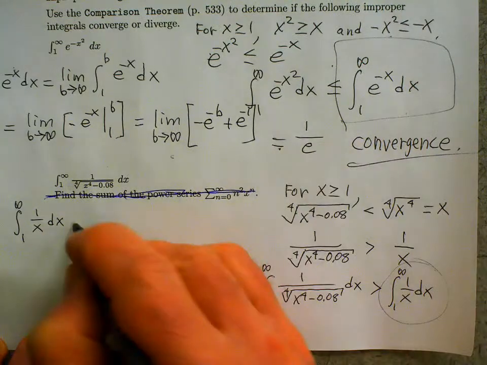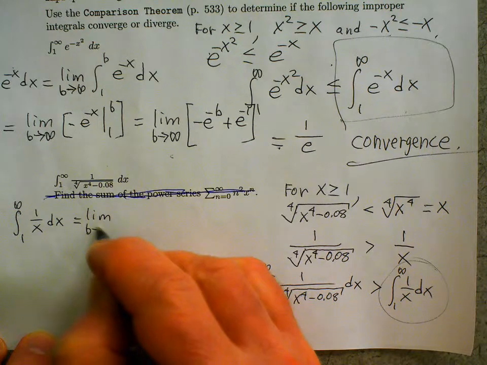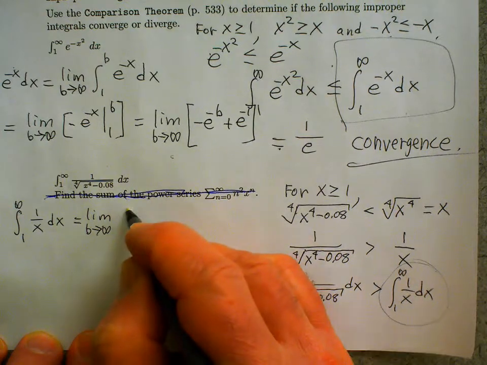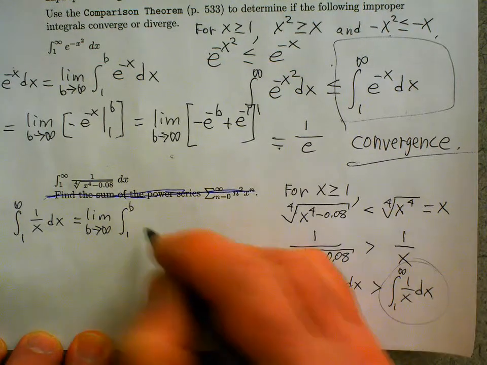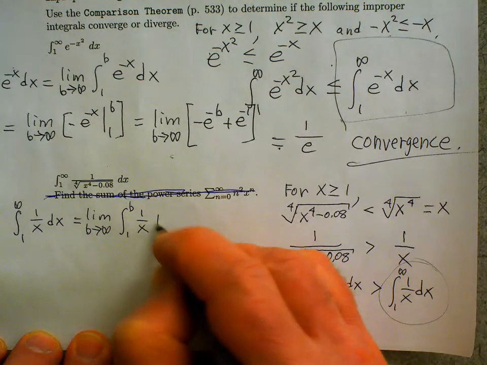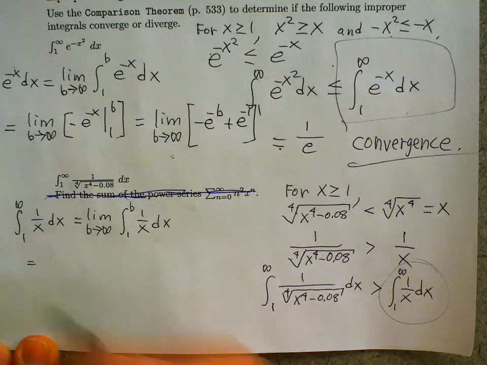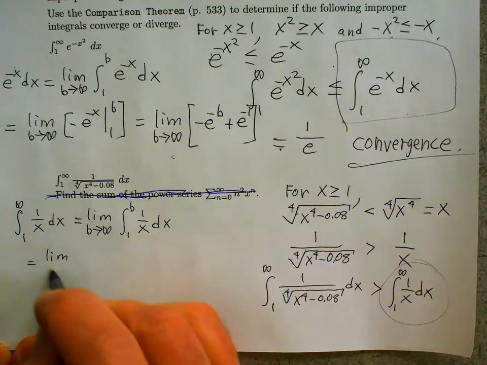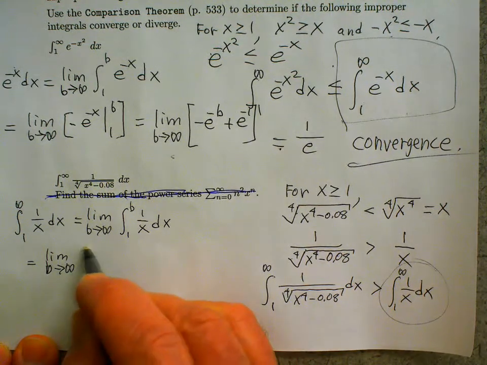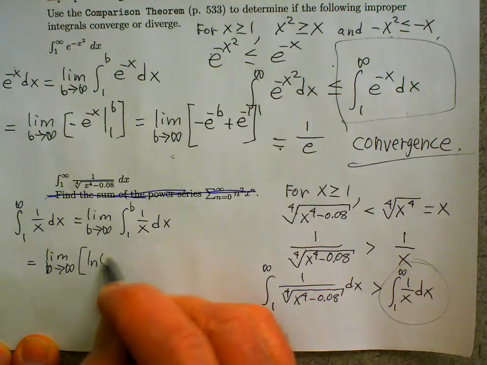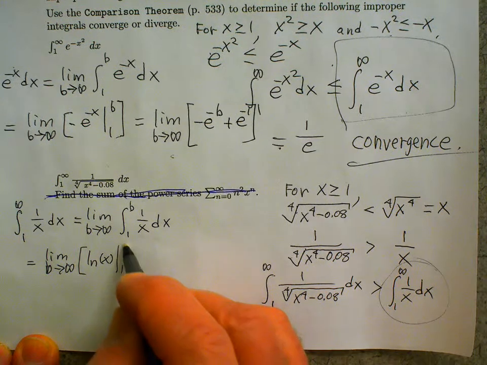And then this is the limit as b approaches infinity of the definite integral from 1 to b of 1 over x dx. And this is the limit as b approaches infinity of the natural log of x evaluated from 1 to b.